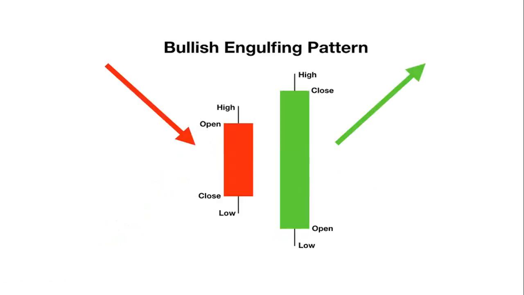Now we also have the engulfing candlestick, and this is called bullish engulfing. For bullish engulfing, it's the same thing. If you see two candlesticks like this, and one is bigger than the other, the bigger one shows a green color, which signifies buy.